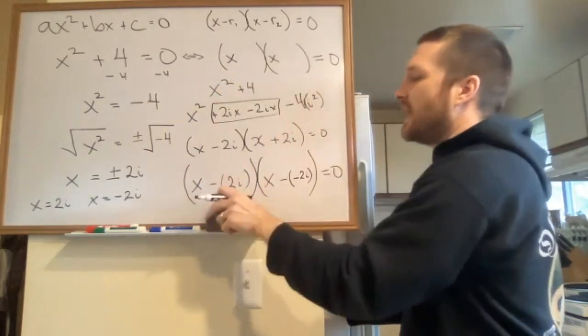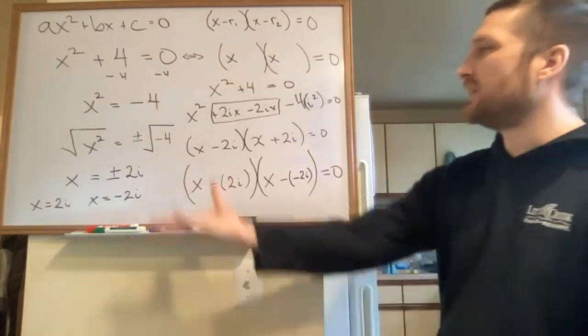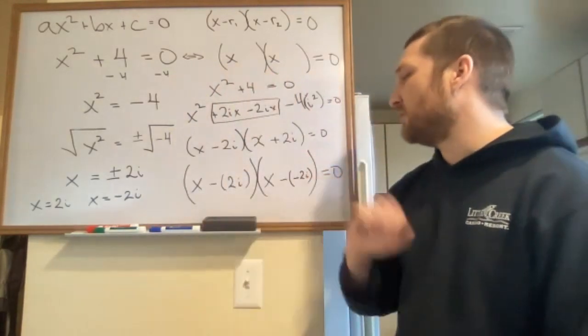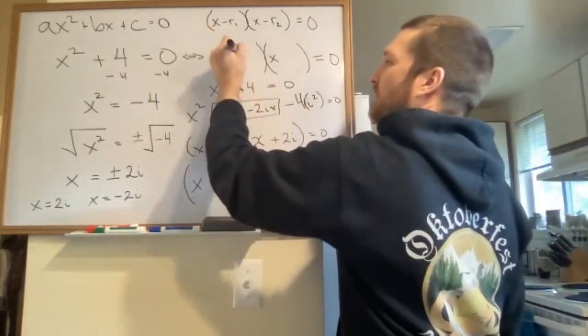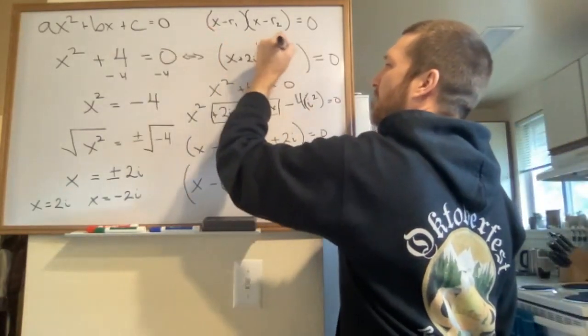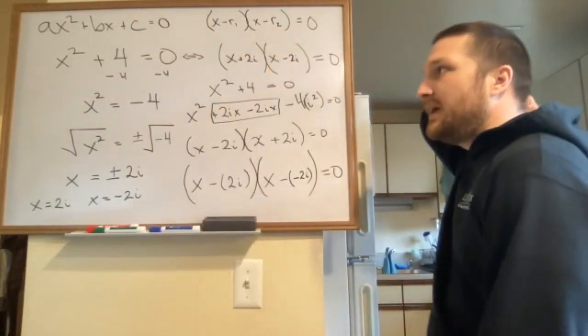It just turns out that it does not factor in the real numbers. We have to bring in an imaginary number. And so finally we could say, look at that. This bad boy does factor, x plus 2i, x minus 2i right there. Interesting.